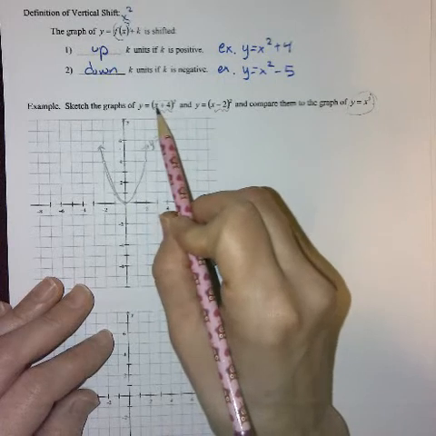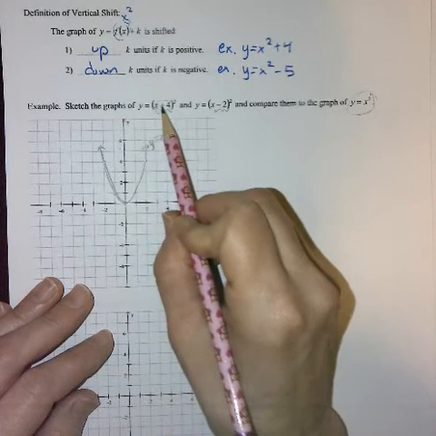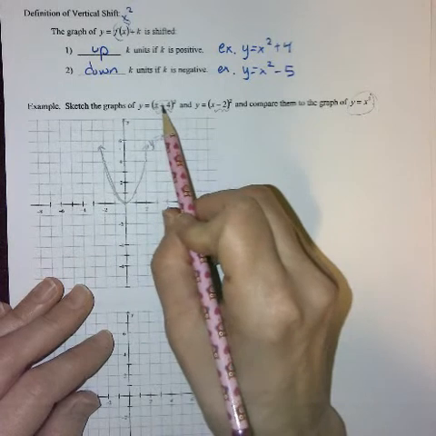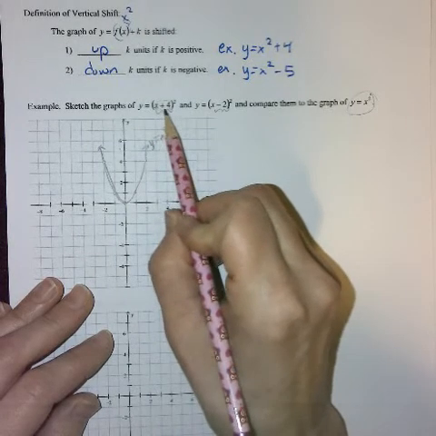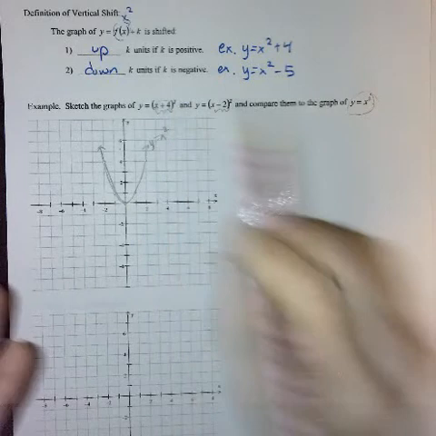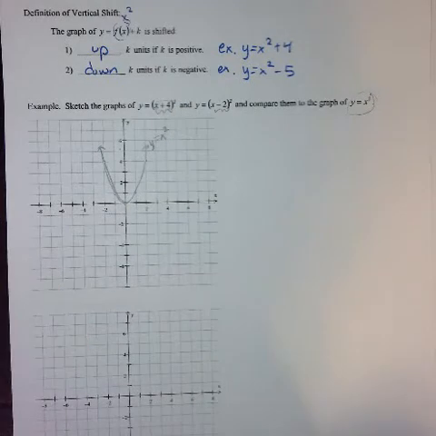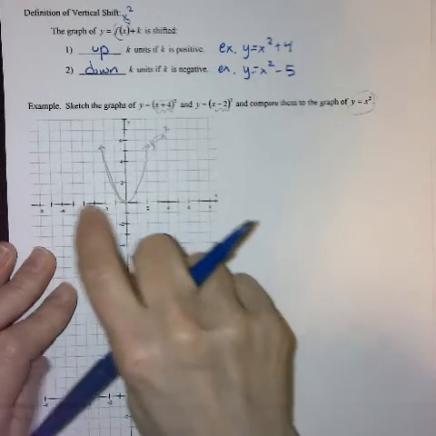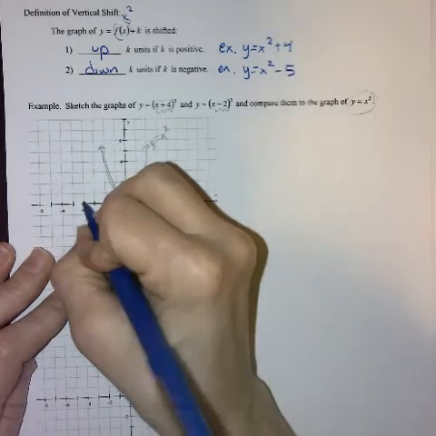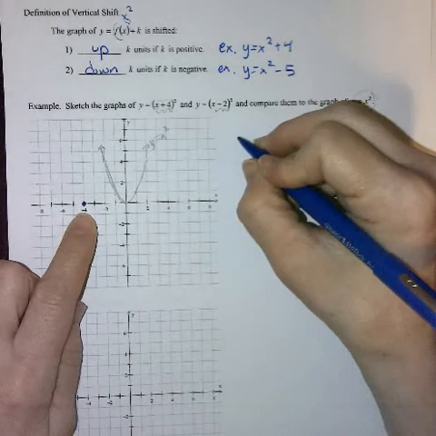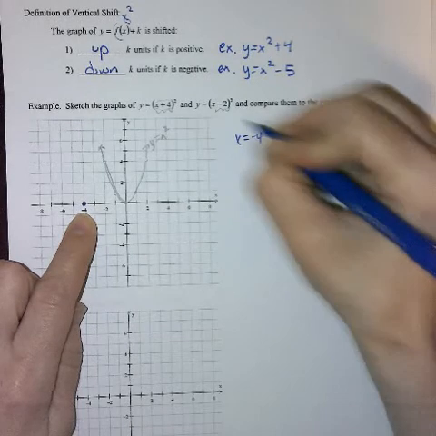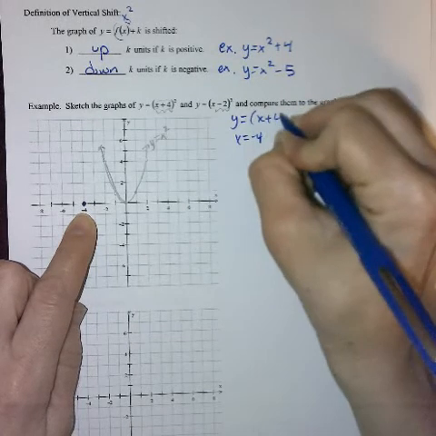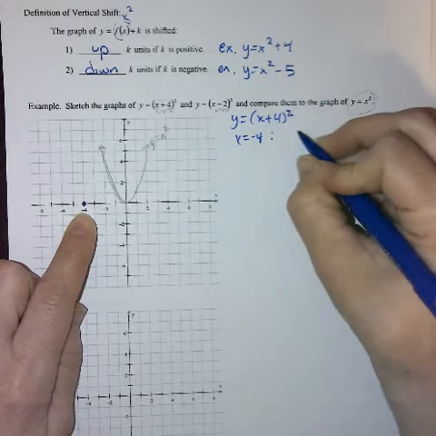Negative 4 plus 4 is 0, and then 0 squared is 0. And so actually a lot of students think it's going to shift over to 4, but it ends up shifting back to negative 4. Now notice, when x is negative 4, we're doing just y equals x plus 4 squared here. We get y equals 0 squared.